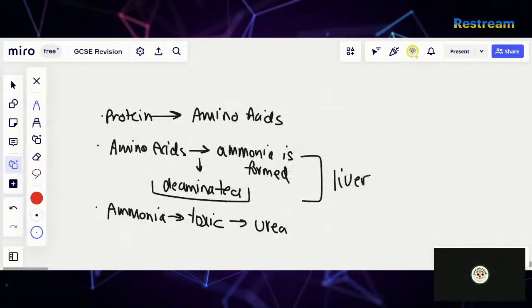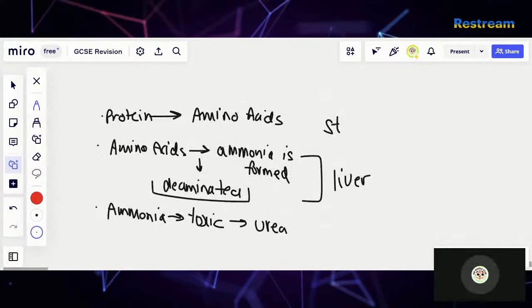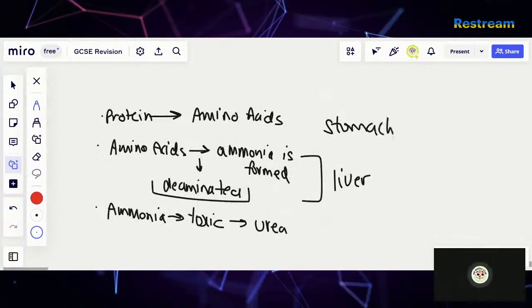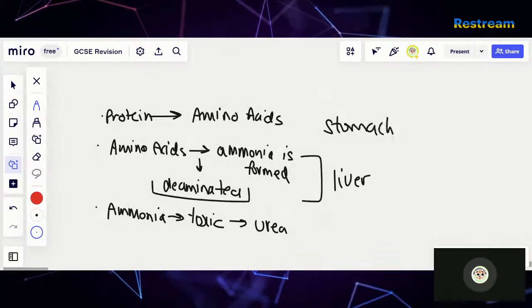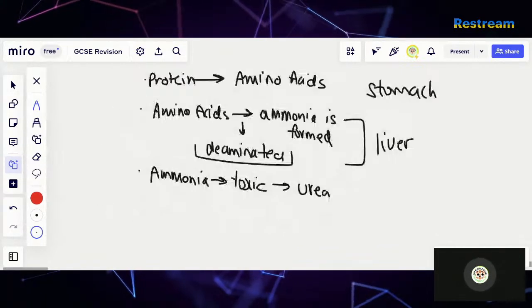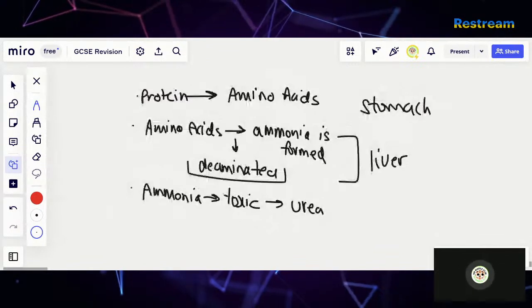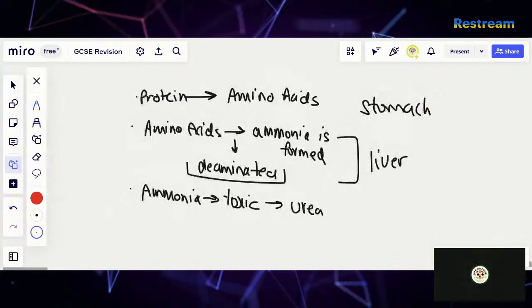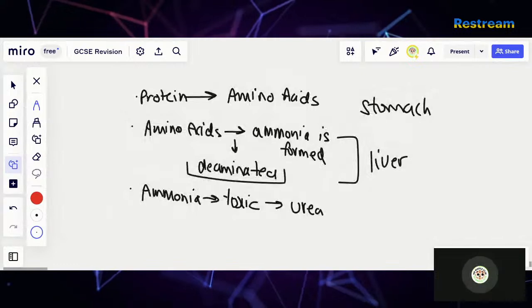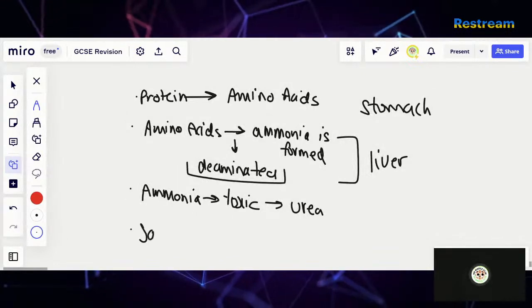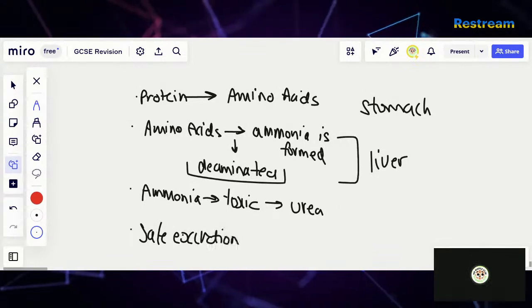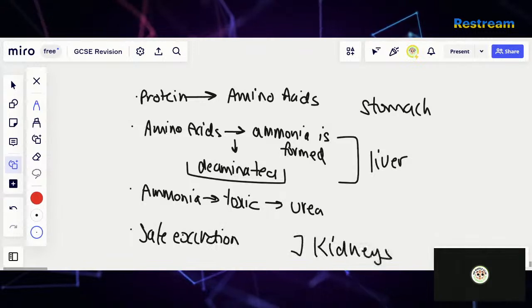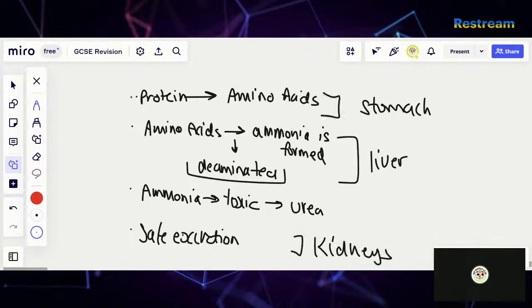So we have the proteins to amino acids, which happens in the stomach. Then we have the amino acids being deaminated into ammonia, which happens in the liver. And then the ammonia converts to urea. And this then allows safe excretion via the kidneys. So we have those different points there.